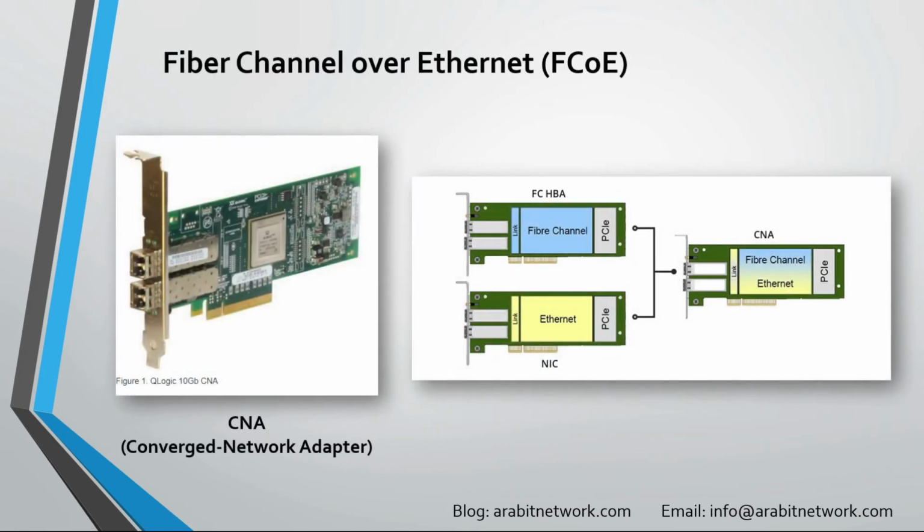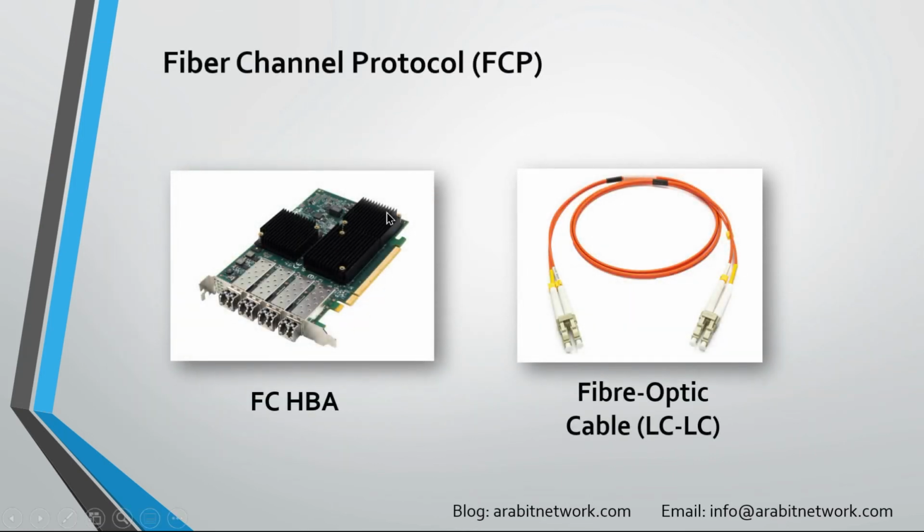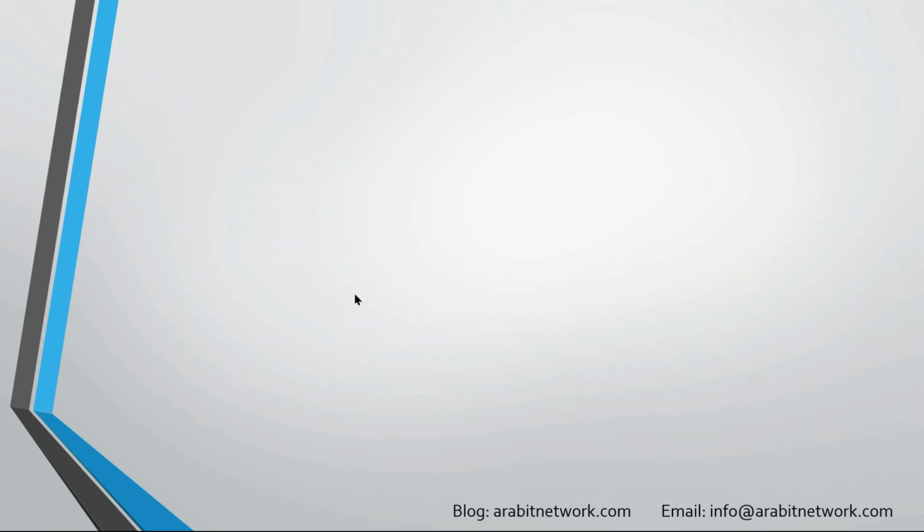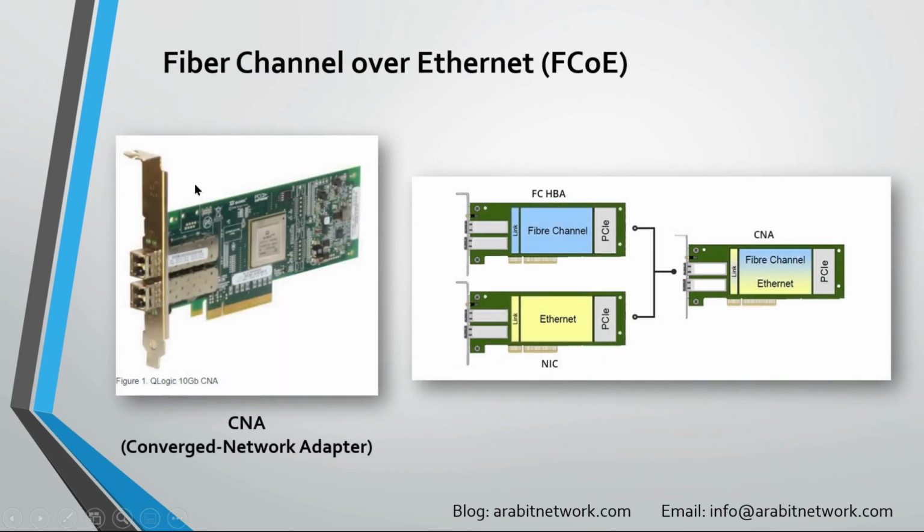All right, fiber channel over Ethernet, or FCoE. In this example, when it comes to using this protocol, we will be using a piece of hardware that is a bit similar to that one in physical appearance. You can't differentiate them unless you read the information here.